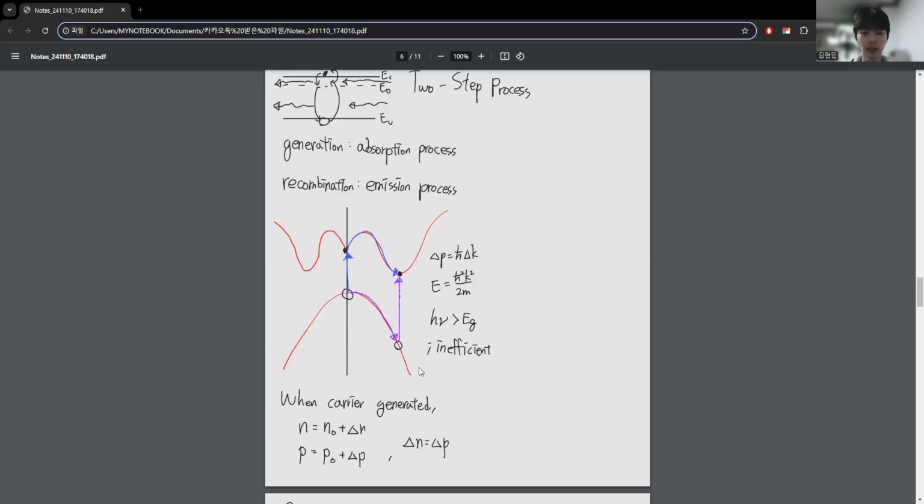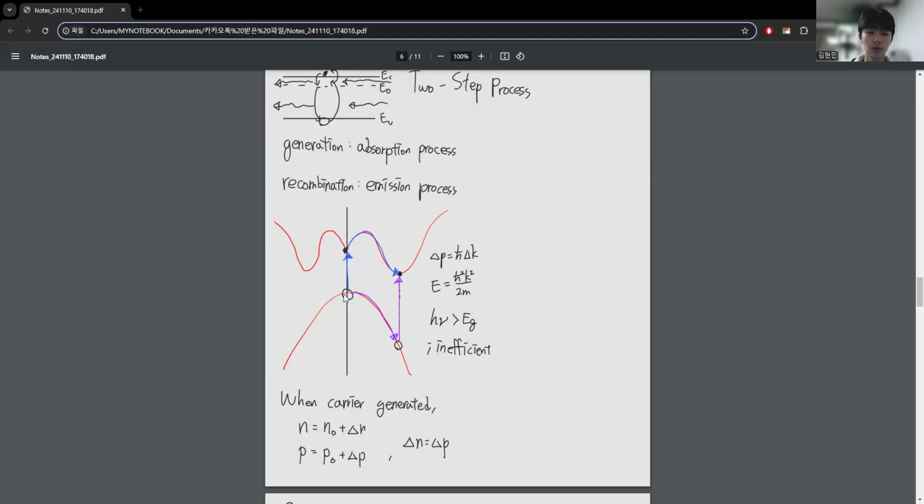At the silicon E-k diagram, this electron moves two times.